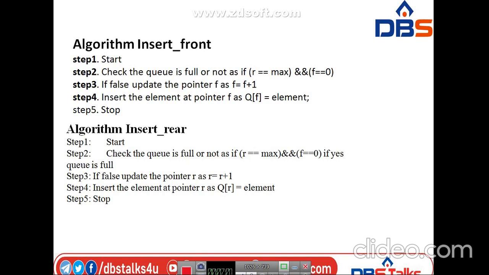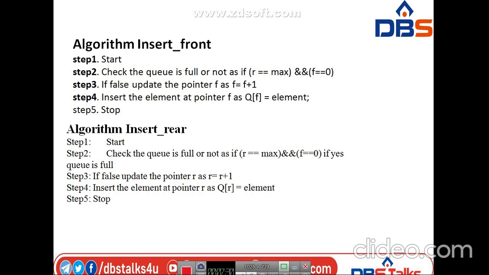First we check the condition for queue full: f equal to 0 or r equal to max. Else, we perform the insertion operation at rear end, so r equal to r plus 1. Again, q of r equal to element. Here insertion is at front and insertion is at rear.